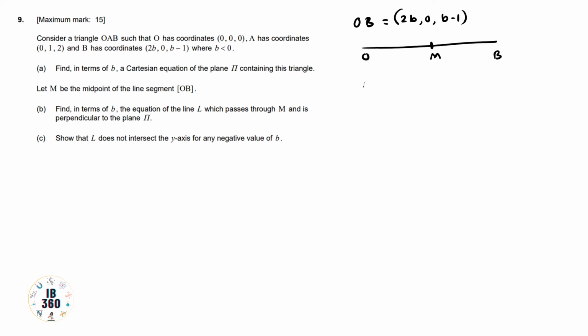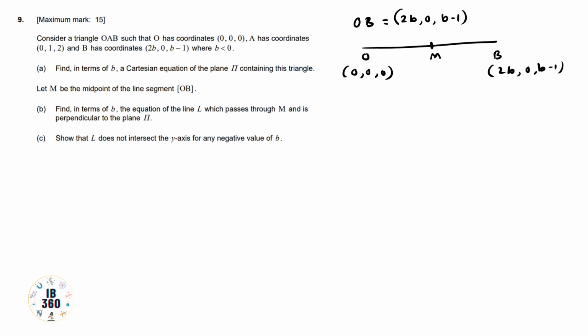Ultimately M will be half the coordinate of OB. Let me elaborate the complete process, then you will understand each and every fact. So here it is 0 comma 0 comma 0 and it is 2b comma 0 comma b minus 1.